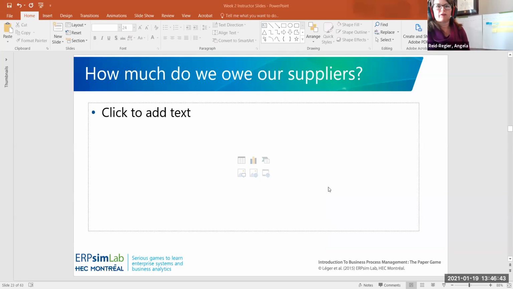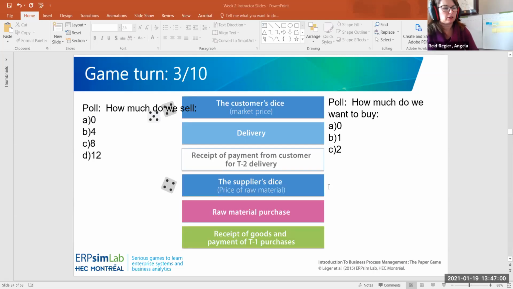So I want you to think of, from your record keeping tasks, can you figure out how much you owe your suppliers at this point in time? So is your record keeping sufficient to be able to tell us how much we owe our suppliers? Okay, so we are in round 3.